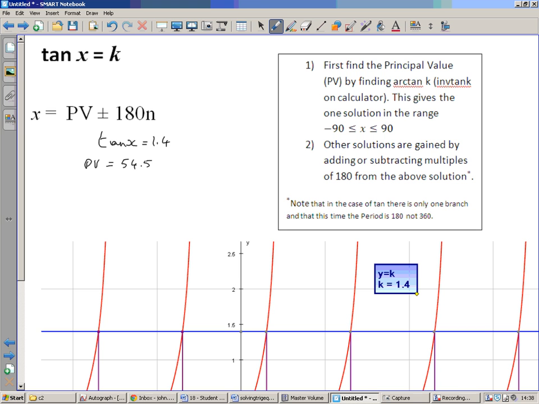So to get the other values, all we need to do is add and subtract 180 from our 54.5. So we could do 54.5 take 180, which is minus 125.5, or we could add 180, which is 234.5. Or we could keep on going as necessary.